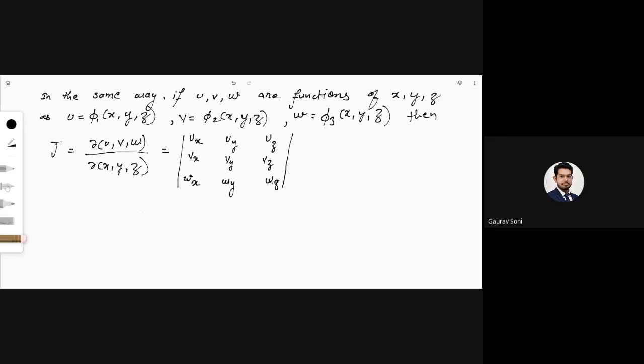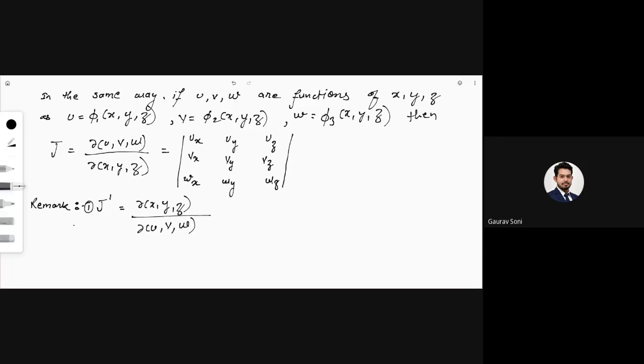Okay, so some important remarks here. J dash is defined as Jacobian of xyz with respect to u, v, w. So whatever the order is given to you, if the Jacobian is asked in the opposite manner, I mean the Jacobian of independent variables with respect to dependent, then that is J dash.